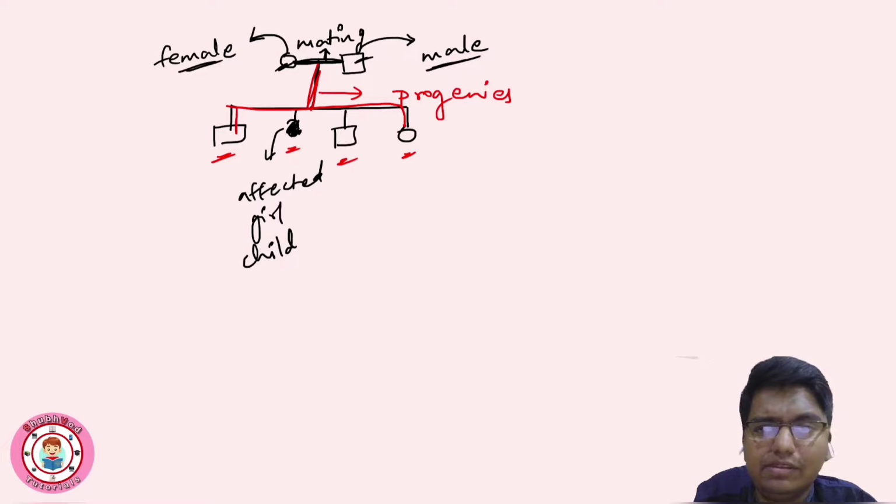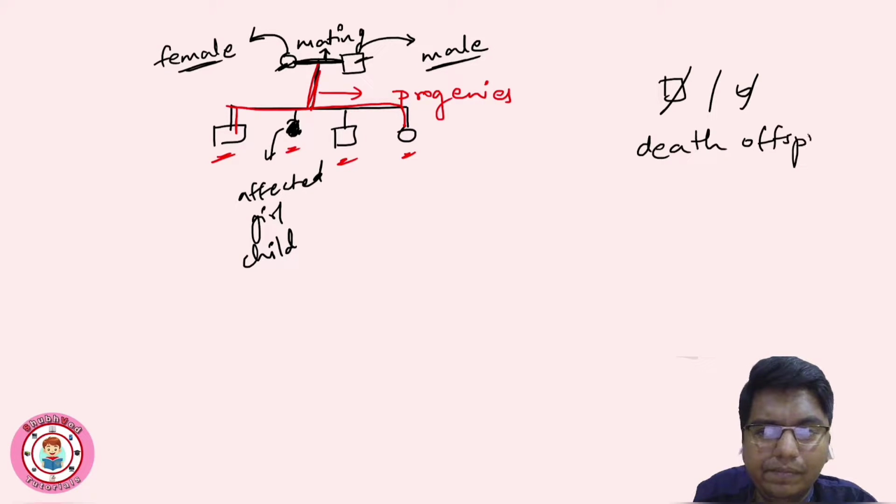We will see some of the signs here. Suppose this is a boy and a girl, and I make a line, it means these are offspring. And if these two are a couple and I have drawn two lines, this is known as consanguineous mating.